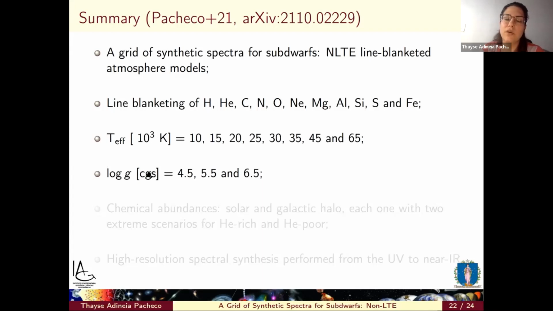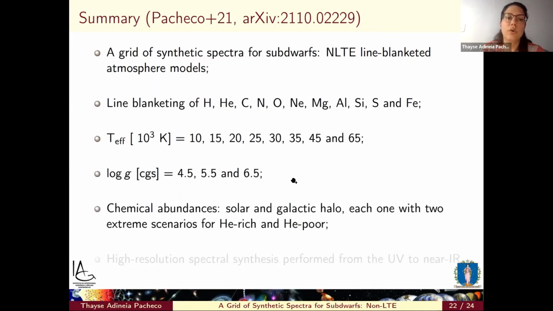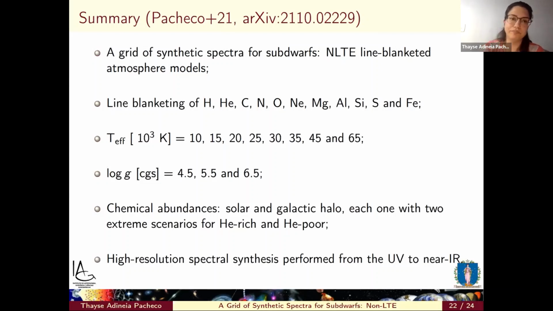Surface gravity between 4.5 and 6.5. 4 chemical abundances, solar and galactic halo, each one with 2 extreme scenarios for helium-rich and helium-poor abundances. And all these spectra are high resolution spectral synthesis performed from the ultraviolet to the near infrared.